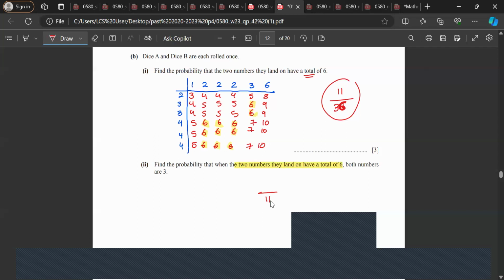This is 11. How many of them both were 3? I have this one because both were 3, and this one because also both were 3. So 2 over 11. You got it? Okay.